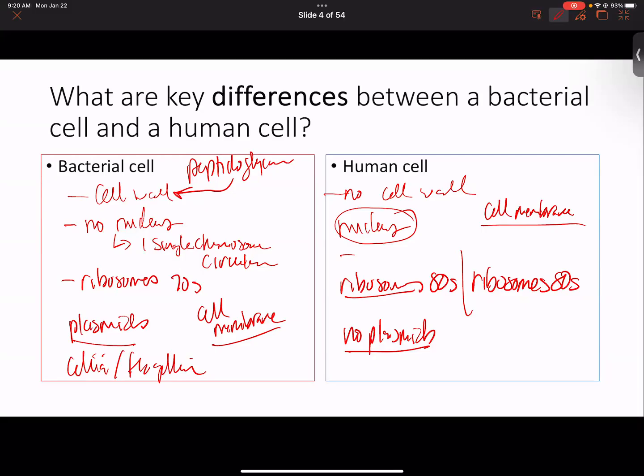Are they both made of a phospholipid bilayer? Andy, what do you think? Humans are, absolutely. Yeah, we have a phospholipid bilayer. Bacterial cell membranes are also a phospholipid bilayer, okay?